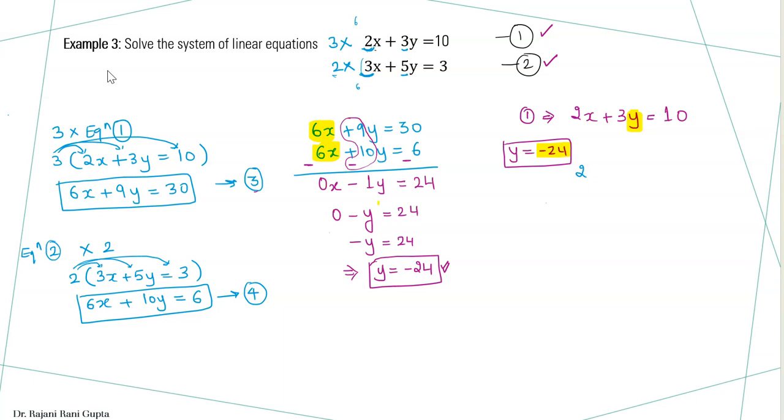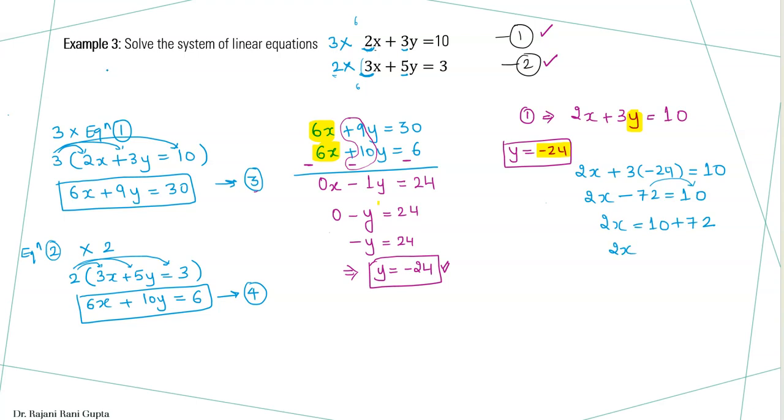So 2x plus 3 times minus 24 equals 10. 3 times minus 24, how much will it be? Minus 72, equals 10. So now taking this number to the other side, 2x is equal to 10 plus 72.